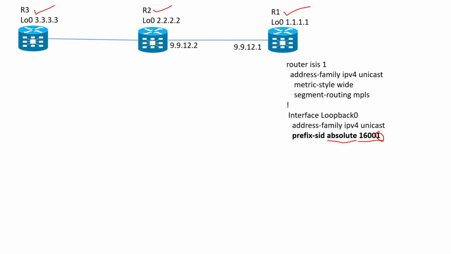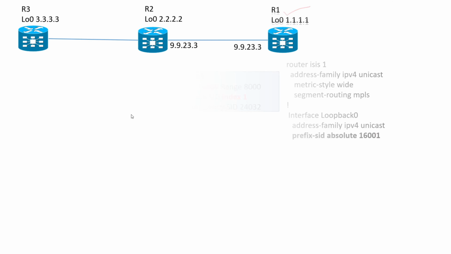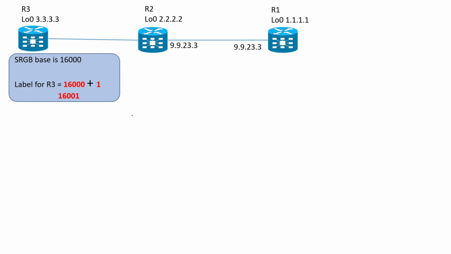Once we configure segment routing, routers are going to advertise these values, like the segment routing global block and the index value, in the IGP routing update. Other routers will receive those updates, and based on that update they will calculate the label value to reach that particular router.